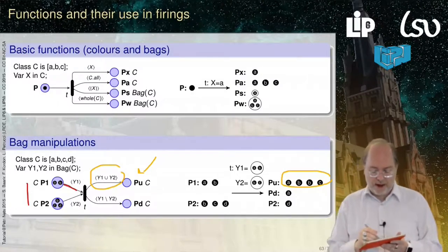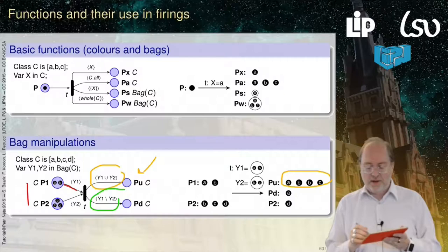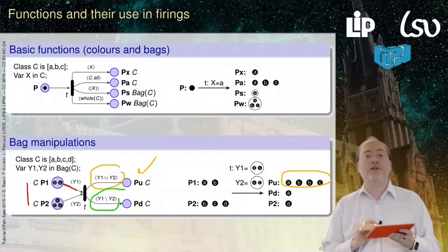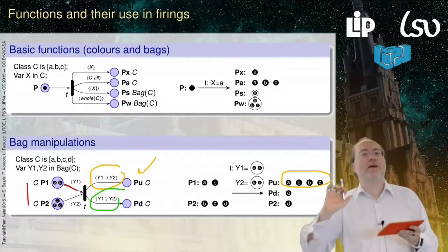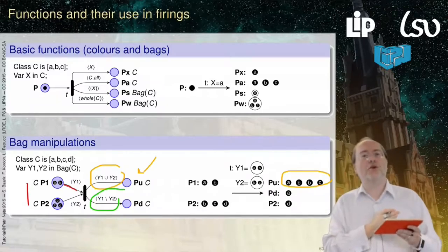And you can also apply the set difference, okay, to place PG. Here, I will have remaining in P2, it's the same marking, I leave 1 token in P2. But what's going on is that I will make a set difference from the tokens in the bag Y1.